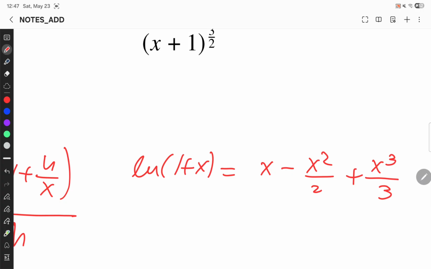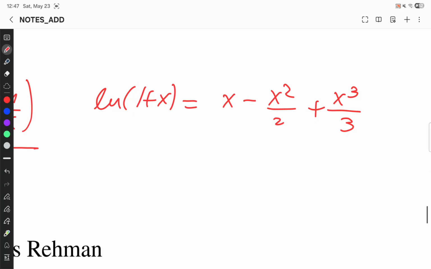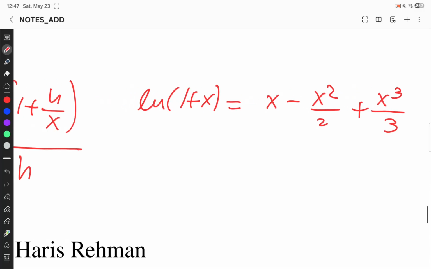It is the same as the sine cosine series, but with alternating signs and not using factorials.